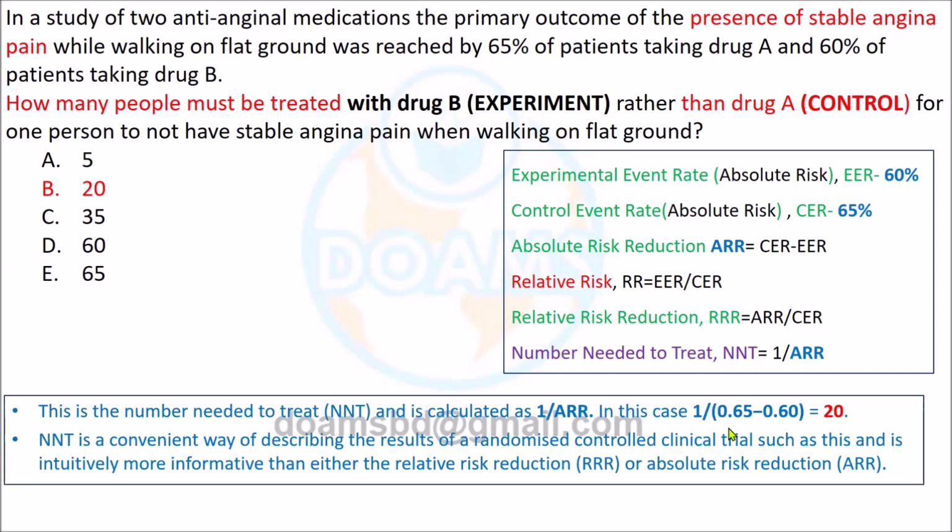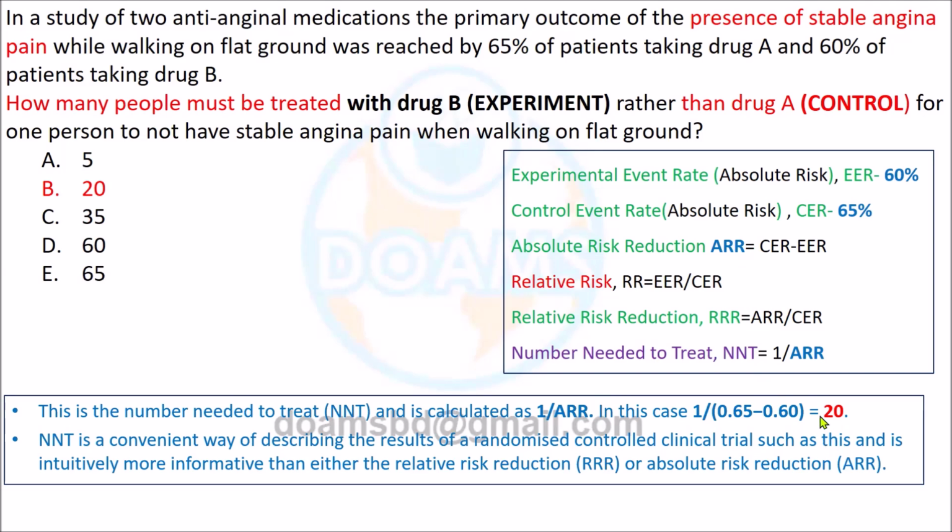Maybe you may get some guidance here, down below. So calculate the ARR. ARR means 0.65 minus 0.60. So 5% means actually 1/5.